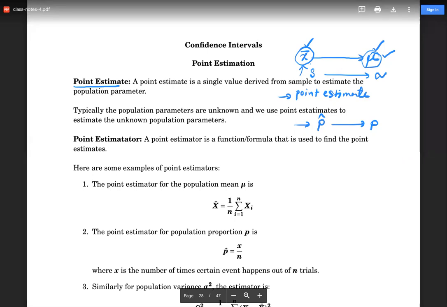Then from that, you try to approximate the proportion or percentage of people in the US who are using iPhones. So your objective is to go from sample data to population data, or in this case, point estimate to population parameter.